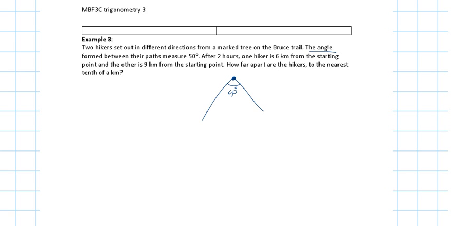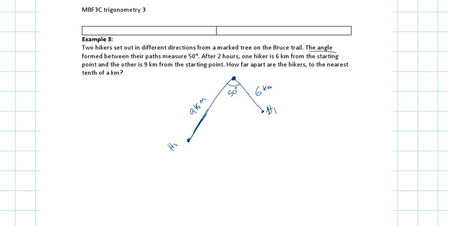After 2 hours, one hiker is 6 kilometers from the starting point. So hiker 1 is 6 kilometers from the starting point. Hiker 2 is 9 kilometers from the starting point.